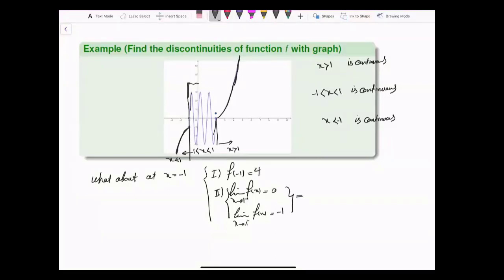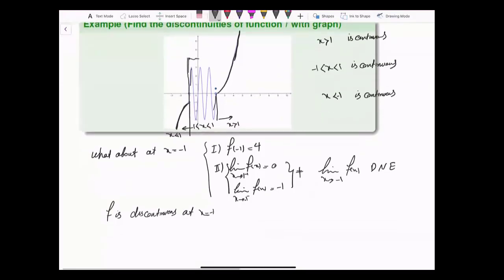These two are not equal. That means that the limit of f of x as x approaches negative 1 does not exist. It right away means that f is discontinuous at x equal to negative 1.